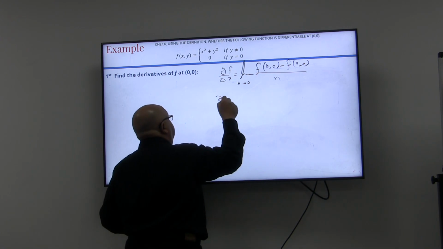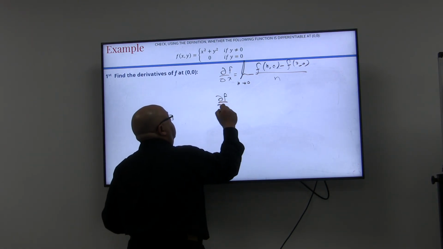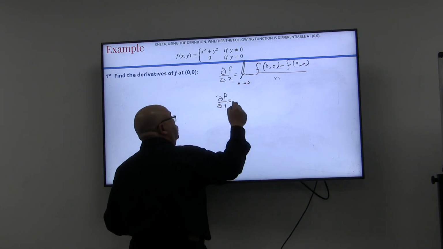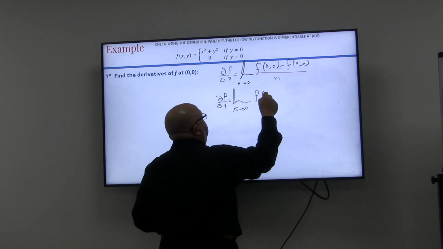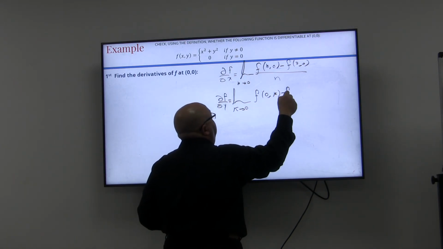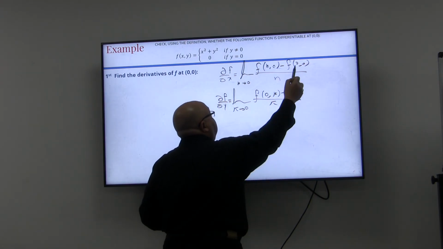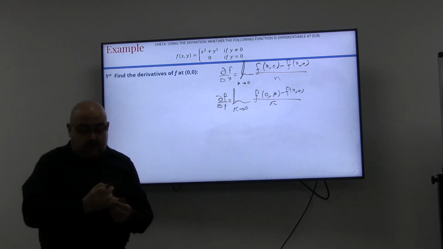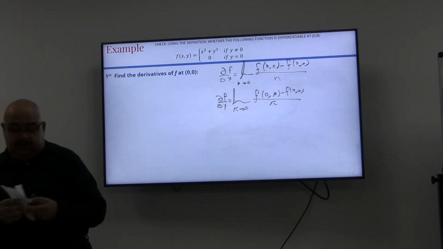In a similar manner, I can discuss the existence of the partial derivative of f with respect to y by considering the limit as k tends to 0 of f of (0, k) minus f of (0, 0), divided by k, and see if these limits exist or not, as you will see from our solution shortly.